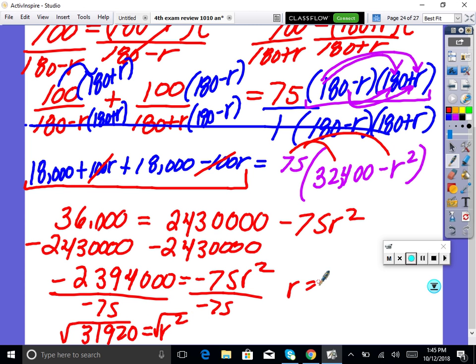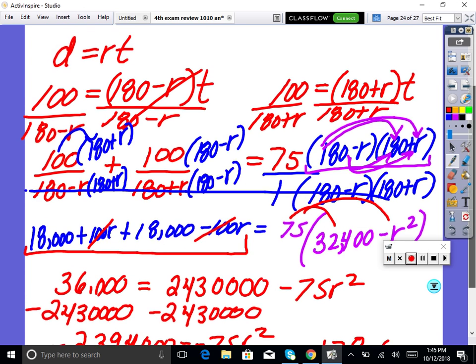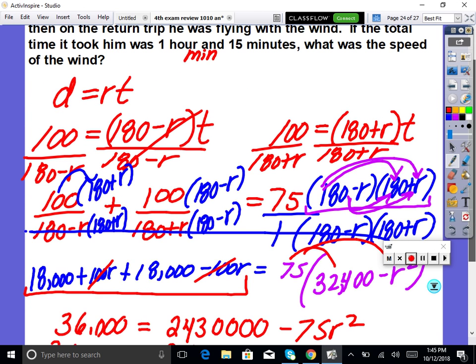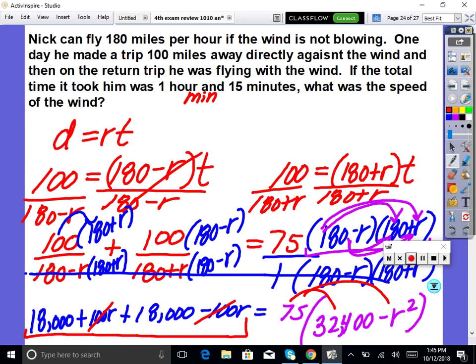So then I'd square root it. Our r is equal to the square root of that, 178.6, plus and minus, and then I throw out the minus sign. I'm just feeling weird about this one. I can't think of where I made my error, if I did make an error. Our distance was 100, our rate was 100.